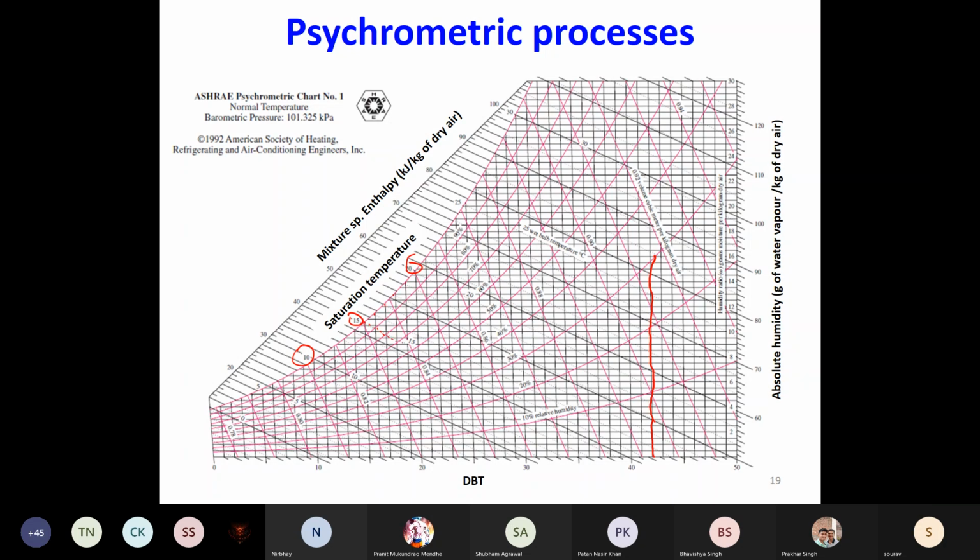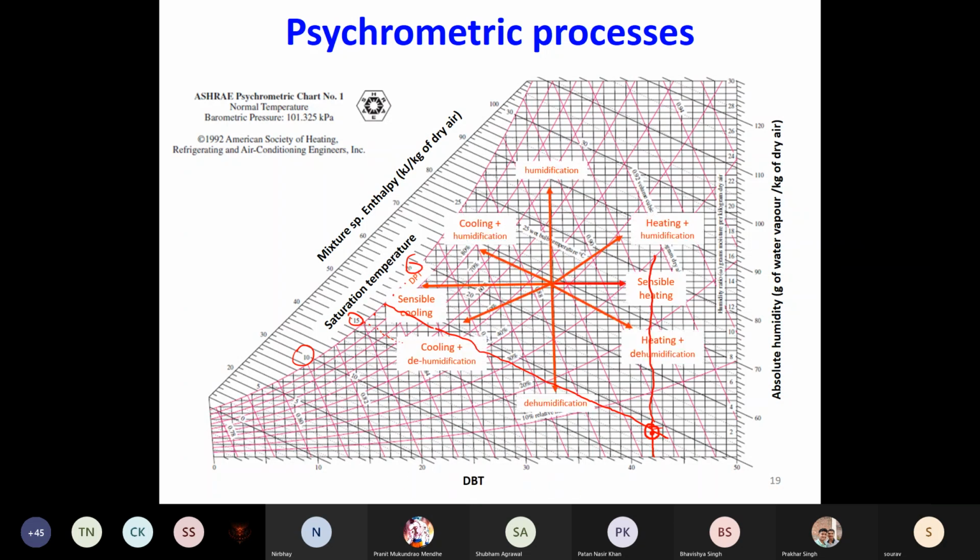This is your 18-degree line. Follow this constant WBT line wherever it intersects the 42-degree line, somewhere here. A very dry air. So this is your incoming air state.